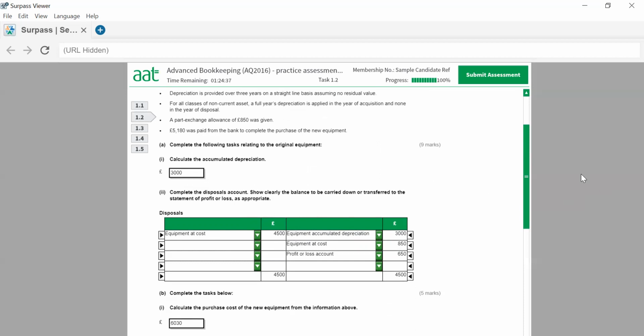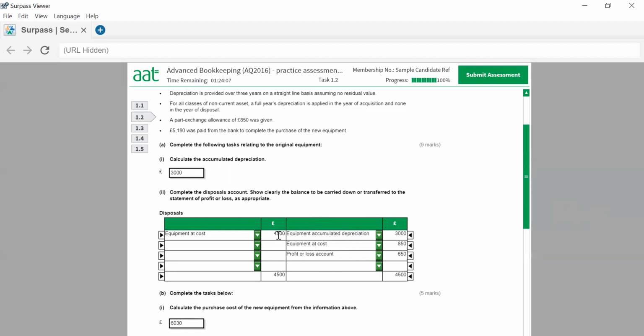Your cumulative depreciation that you've got on the credit side, you're going to debit the cumulative depreciation to get rid of it, then credit the disposals account for £3,000. And then we've got this £850 part exchange allowance. Again, that will be debit the asset for £850 and credit the disposals for £850.